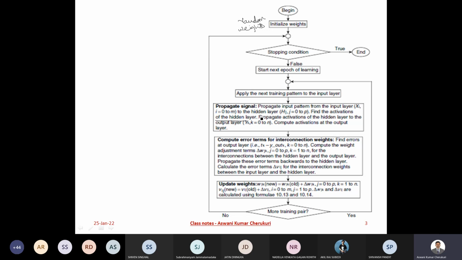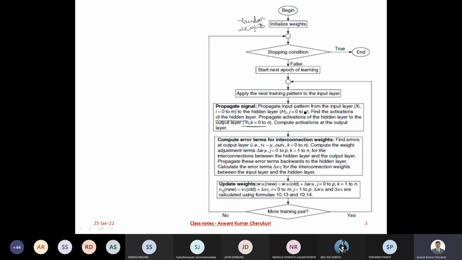That means you calculate the net inputs to every node in the hidden layer, as well as the output from the hidden layer. Once you calculate the output from the hidden layer, you are calculating the input to the output layer. Then you calculate the output from the output layer.